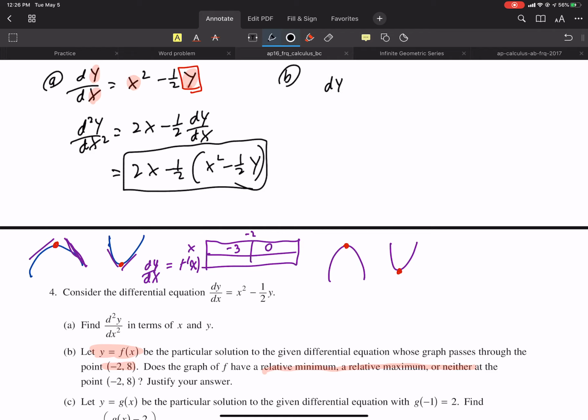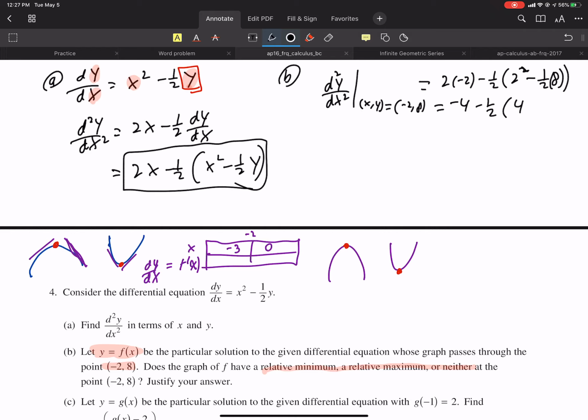So we want the second derivative at (x, y) equals (negative 2, 8), which will be 2 times negative 2 minus 1/2 times 2 squared, minus 1/2 times 8. Is that positive or negative?